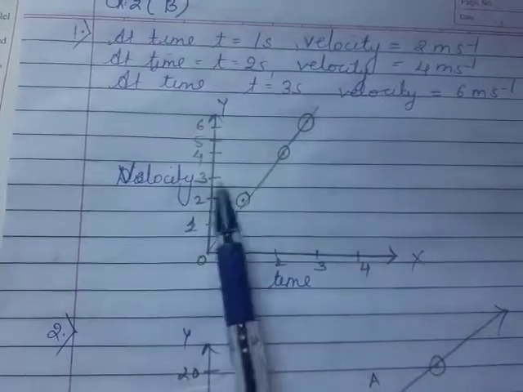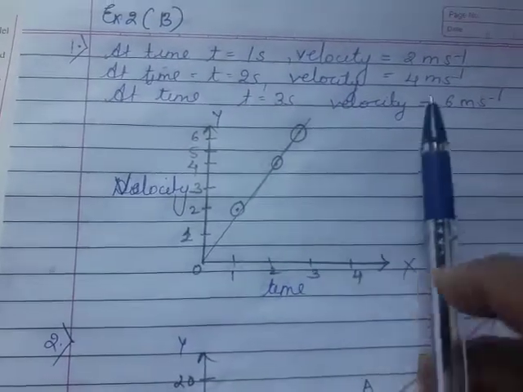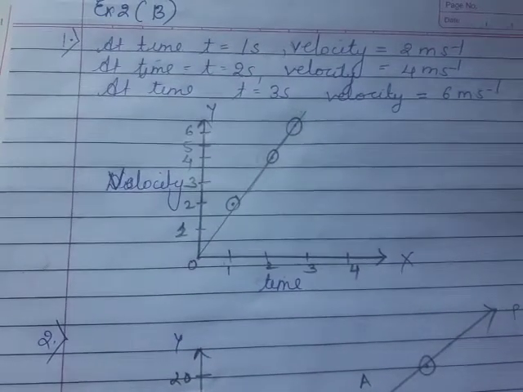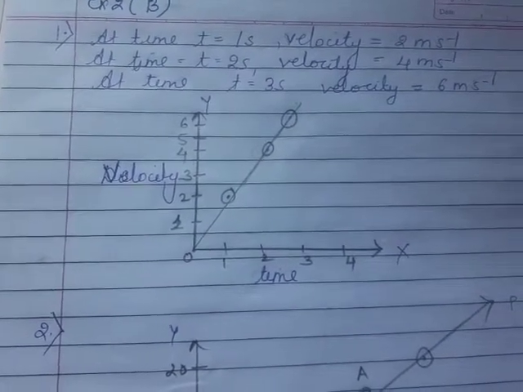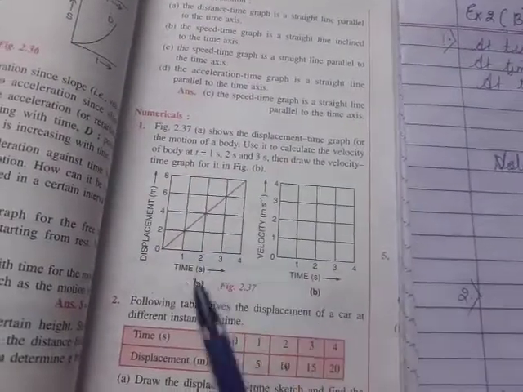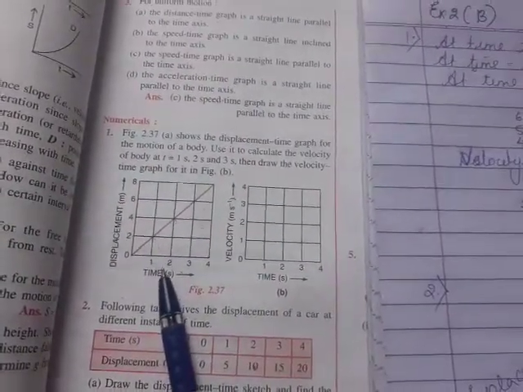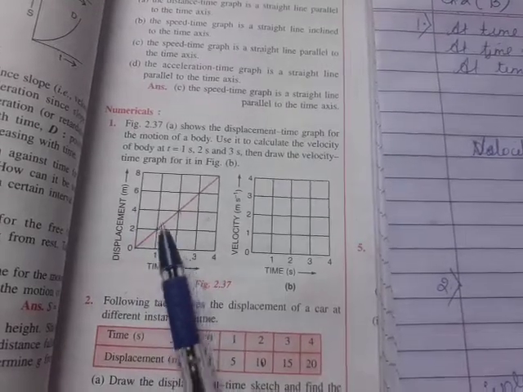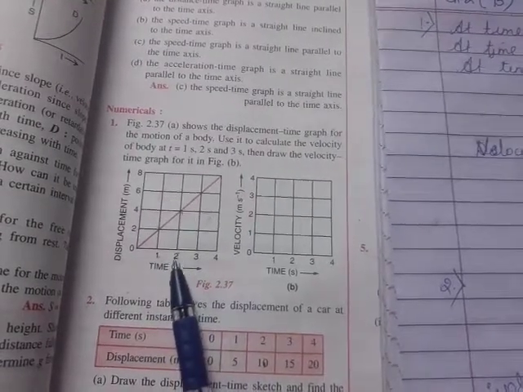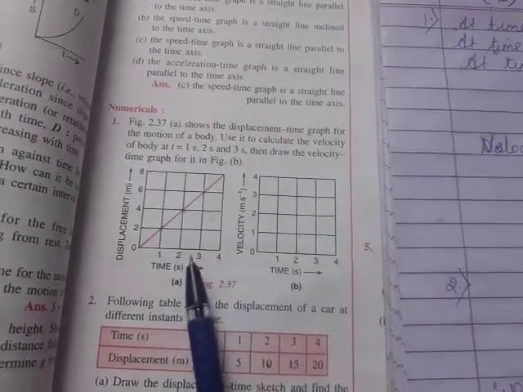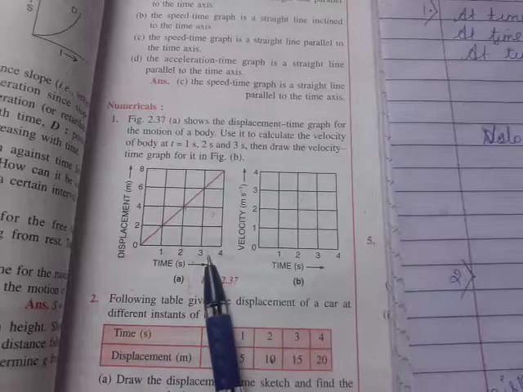So this is how we solve it. With this we get the value of velocity for 1 second, for 2 seconds, and for 3 seconds. Right, I hope this is clear. From these timings we are getting the velocity as displacement upon time, which gives 2, then 4, then 6.